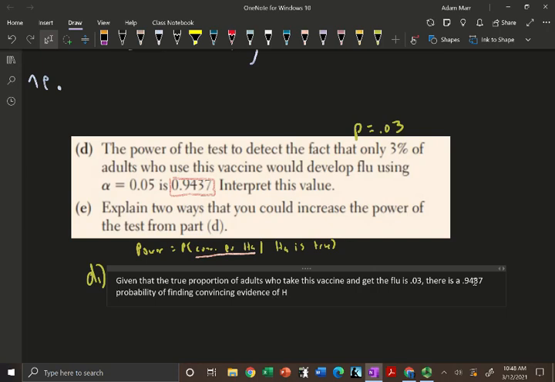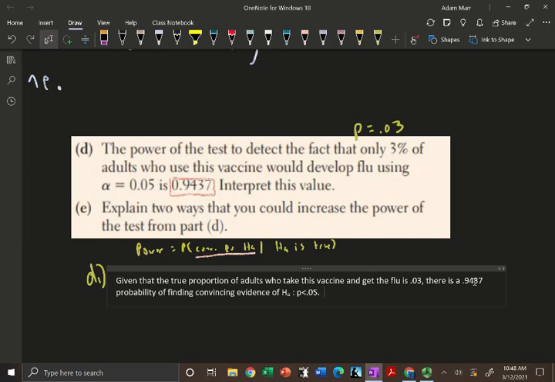The alternative, of course, is H sub A, and you can just say what it actually is, that P is less than 0.05.